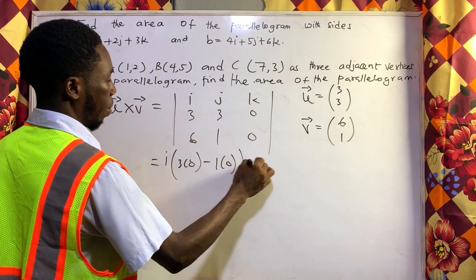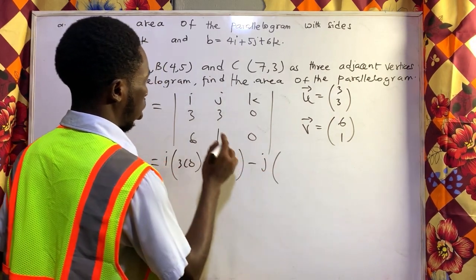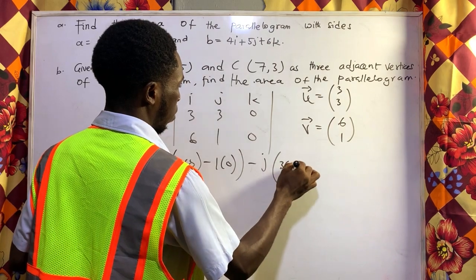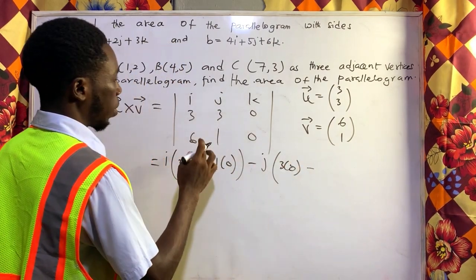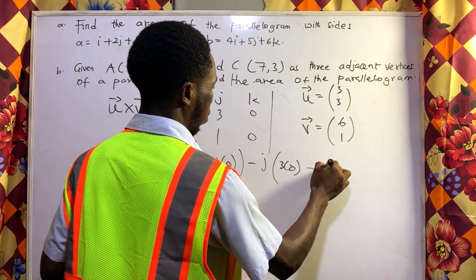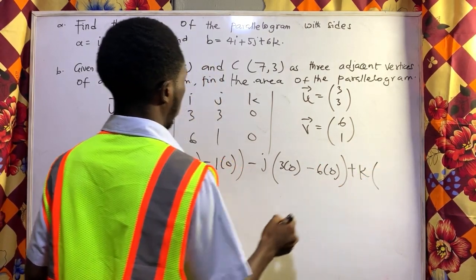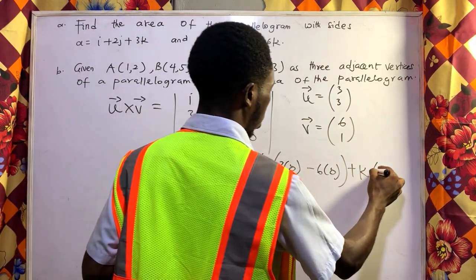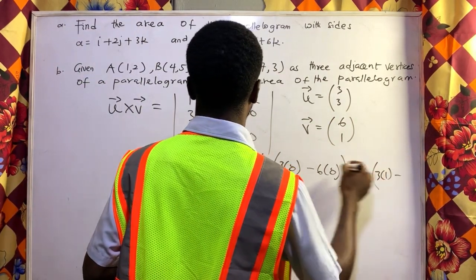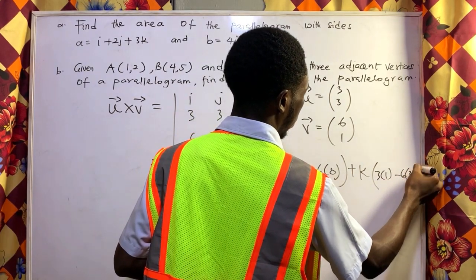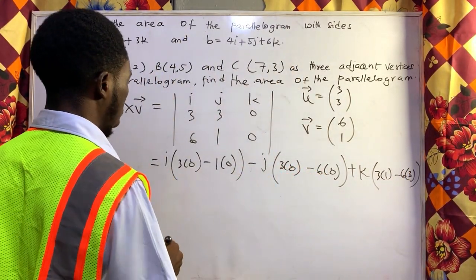And then minus j: for j also, we're going to have 3 times 0 minus 6 times 0. And then for k also, we're going to have 3 times 1 minus 6 times 3. Let's finalize this.